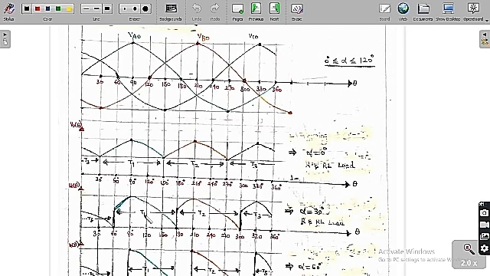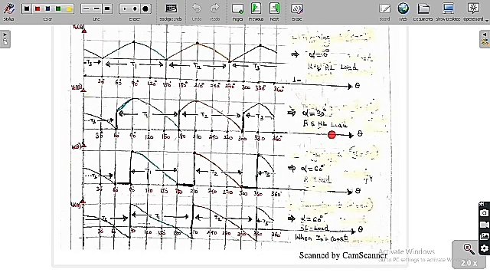Whenever T1 is conducting, the output voltage is equal to the voltage across VA0, whenever T2 conducts it is equal to VB0, and whenever T3 is conducting it is equal to VC0. So these are the graphs we are going to get when alpha is equal to 30 degree for R and RL load. So up to 30 we have studied.